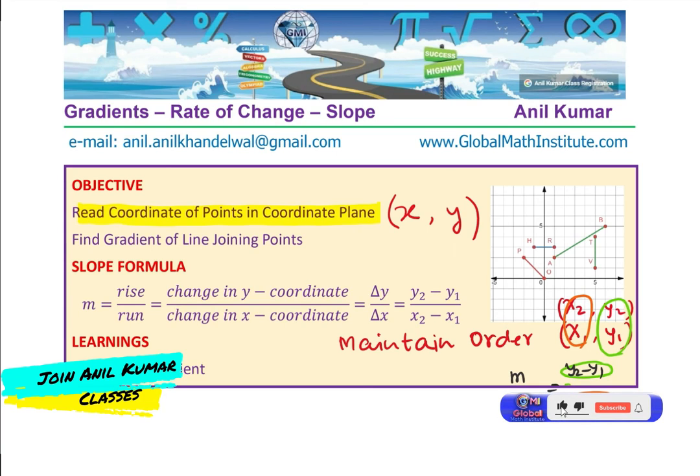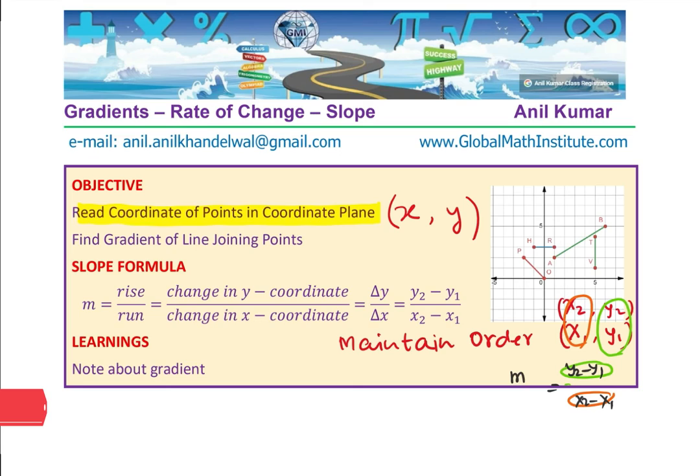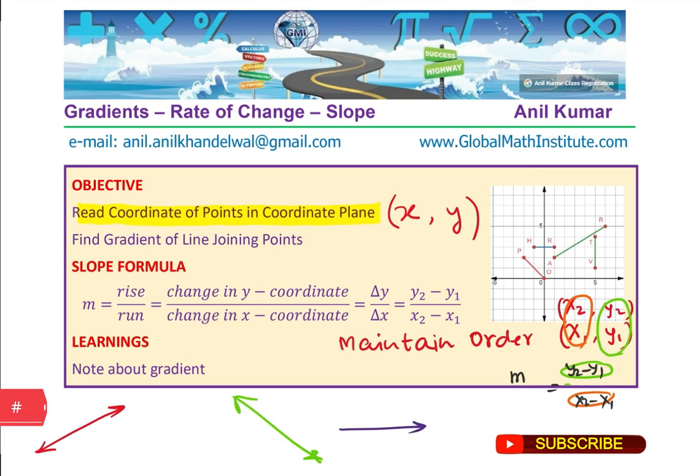And in the learnings about the gradients, what did you learn? What could be the gradient of a horizontal line? What could be the gradient of a vertical line, right? So if I give you a line like this, what is the gradient? And if I give you a line like this, what could be the gradient? And if I give you a line like this, what could be the gradient? And also, I could give you a line which is vertical. So in each case, we can say very clearly that in the first case, gradient m is positive.